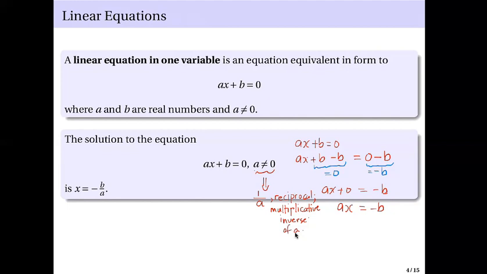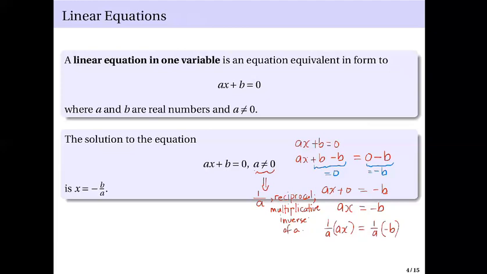So what we can do is multiply on the left-hand side of the equation 1 over a, and at the same time, so that we can preserve the equality, we have to multiply 1 over a on the right-hand side of the equation also.